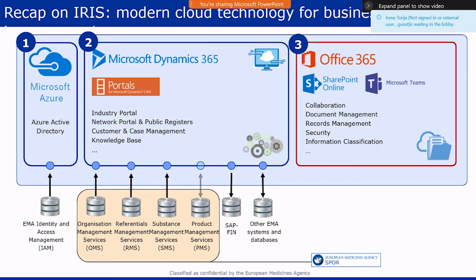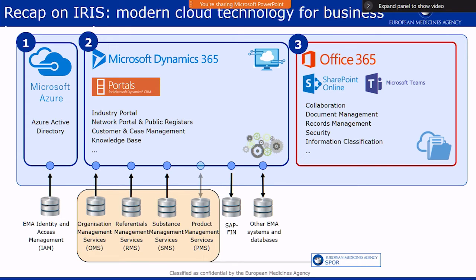You can see that some of the pillars under these portals are actually related to what I mentioned earlier, to SPOR. So the Master Data Management System of the agency, which is split into 4 pillars: OMS, that looks after organizations; RMS, that looks after referentials; SMS, that looks after substances; and PMS, that looks after product management.